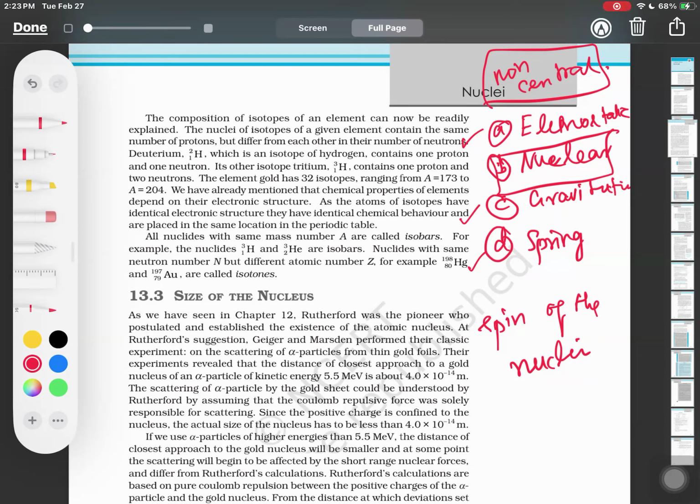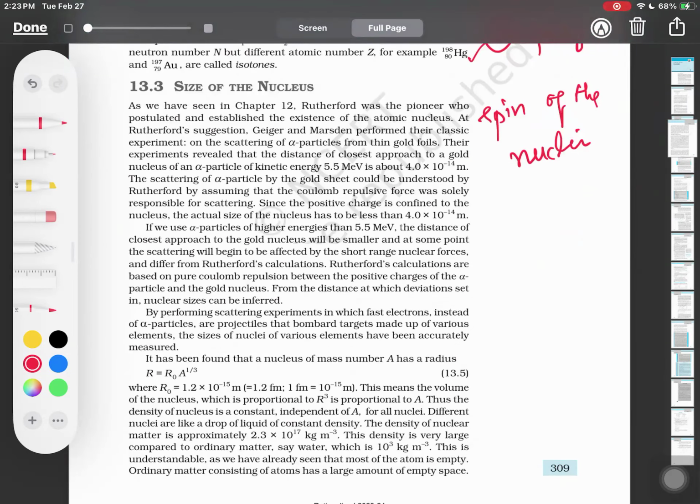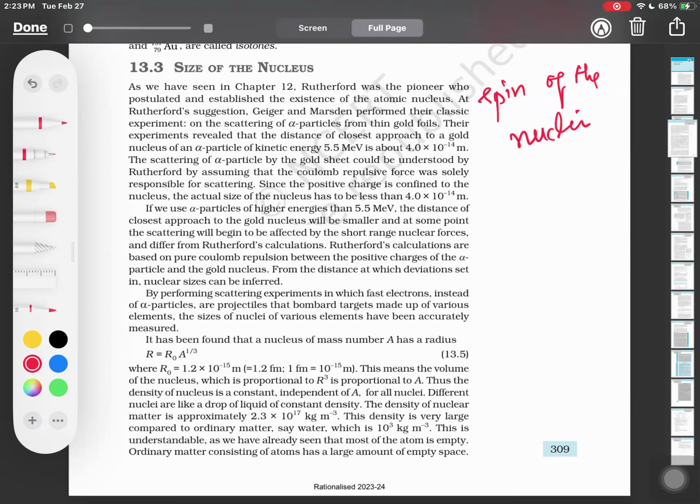Then we'll see the size of the nucleus. In this, definitely the formula will be given. Most of the nuclear shapes are spherical in structure. The expression is given as R is equal to R naught into A to the power 1 by 2, the cube root of A, where A is the mass number and R naught is a constant.